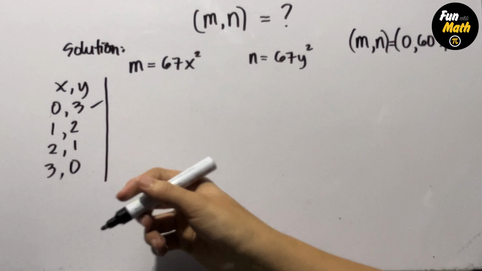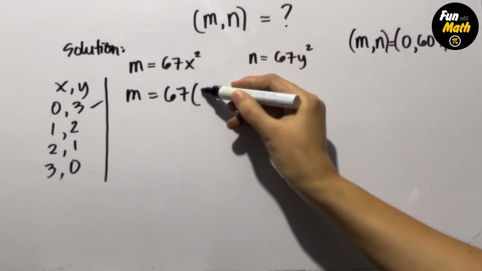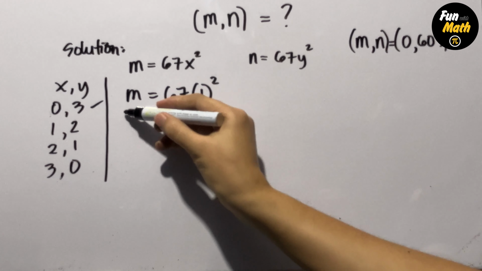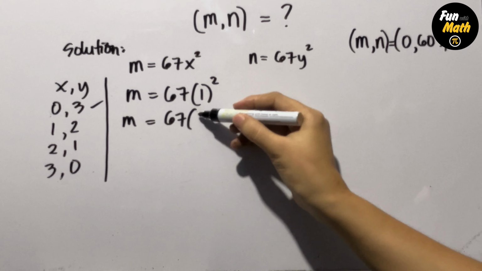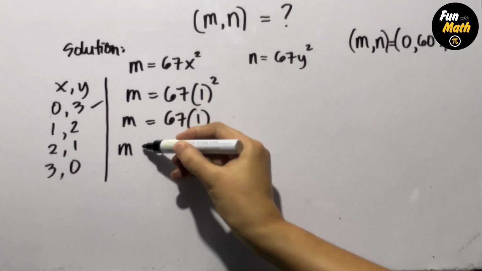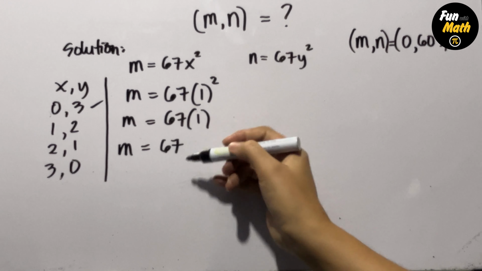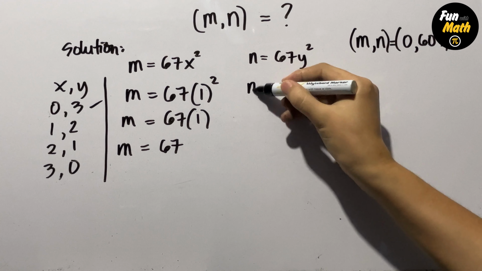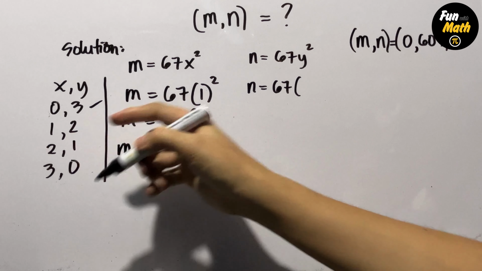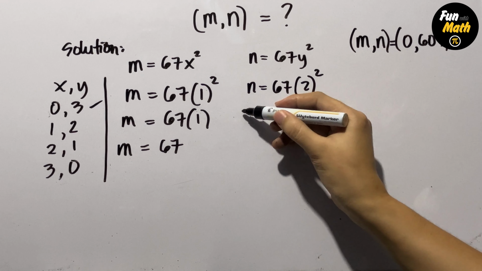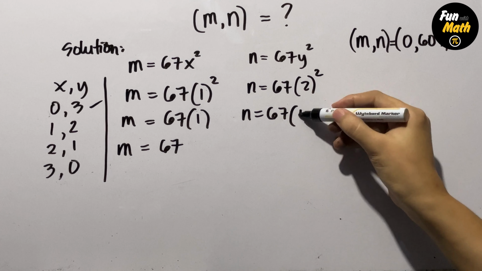Now next is 1 and 2. So m is equal to 67 times 1 squared, that is 1. Then m is equal to 67 times 1, that is 67. Next, n is equal to 67 times 2 squared, that is 4.